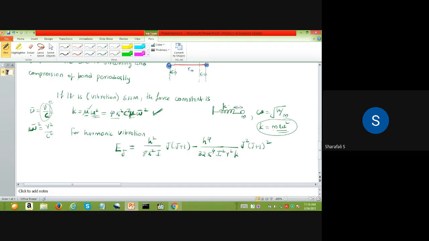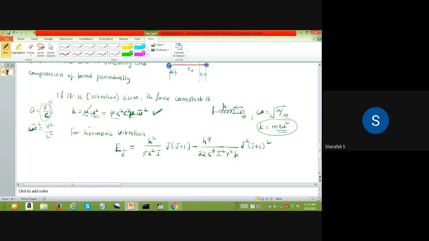So this is from quantum mechanics. You have to consider both energies, for the rotation and vibration potentials. Substitute that in the Schrodinger equation, then solve for energy, and you will get this particular equation.